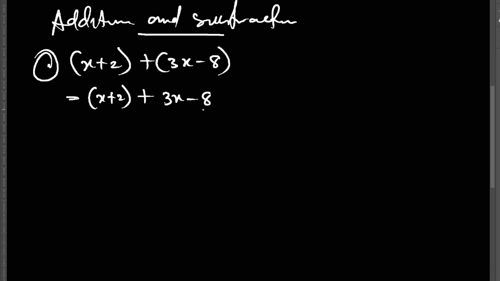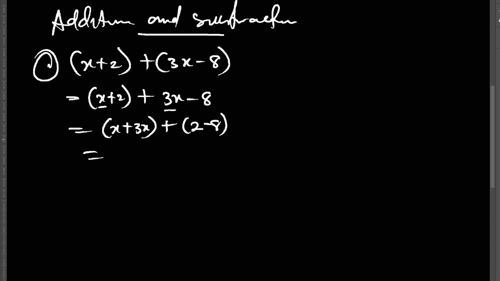So when you add this, the next thing we want to do is to group them. So this is x and this one is also having x. So they have to come together. I will have x plus 3x together. And as well, the plus sign, which is what they asked you to do, that will be into brackets 2, and this one is minus 8.